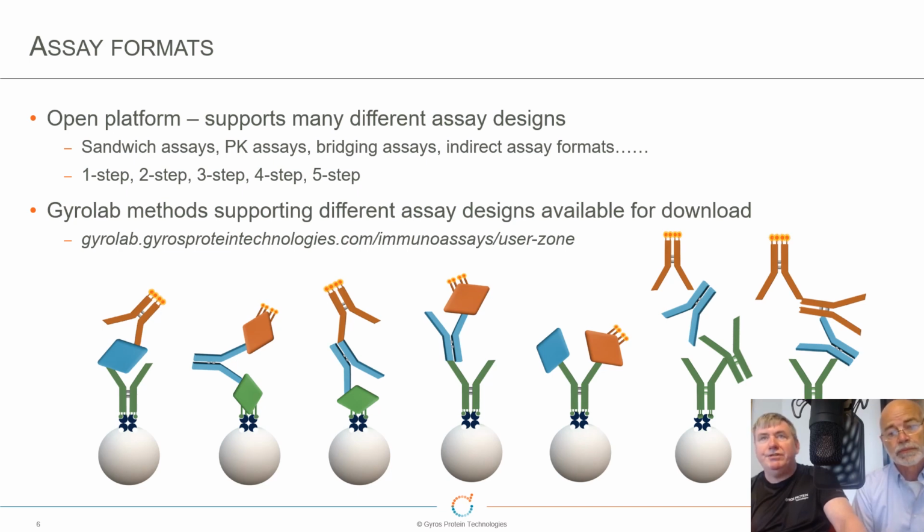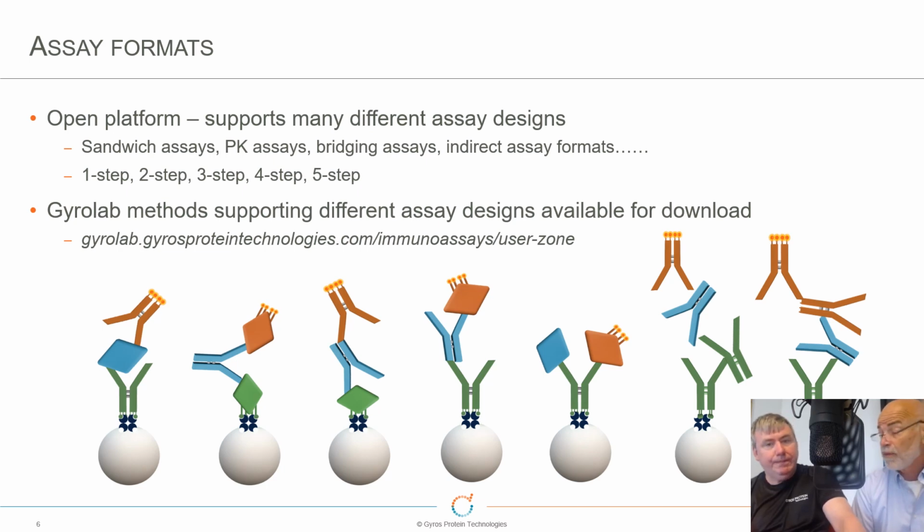And then the user zone has different method options. There are options that are available to customers, but also there are further options available to field application specialist scientists. So we always encourage you to talk to your customer support to see what is available based on your end user requirement.